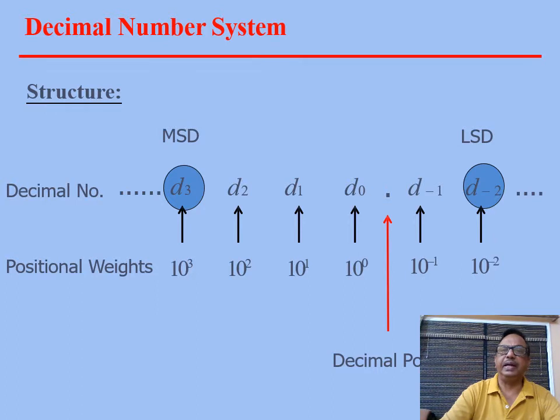I have taken an example of decimal number system, and I have given the positional weights 10 to the power 0, 10 to the power 1, 10 to the power 2, 10 to the power 3, and so on the integer side, and on the fractional side 10 to the power minus 1, 10 to the power minus 2, and so on.